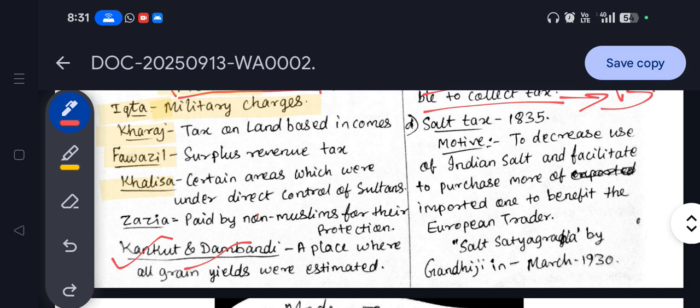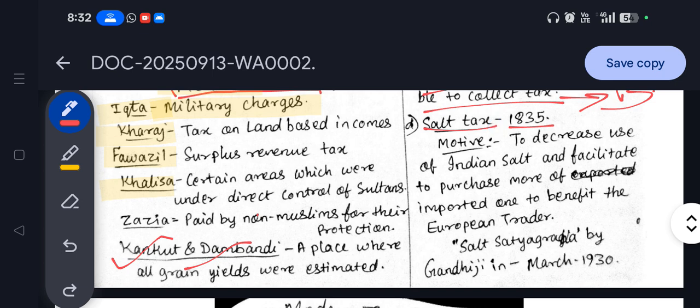Salt tax, 1835. What was the motive? India is the largest producer of salt in the world every year, and when the Britishers came to India and started ruling, they started applying tax on salt. For what purpose?